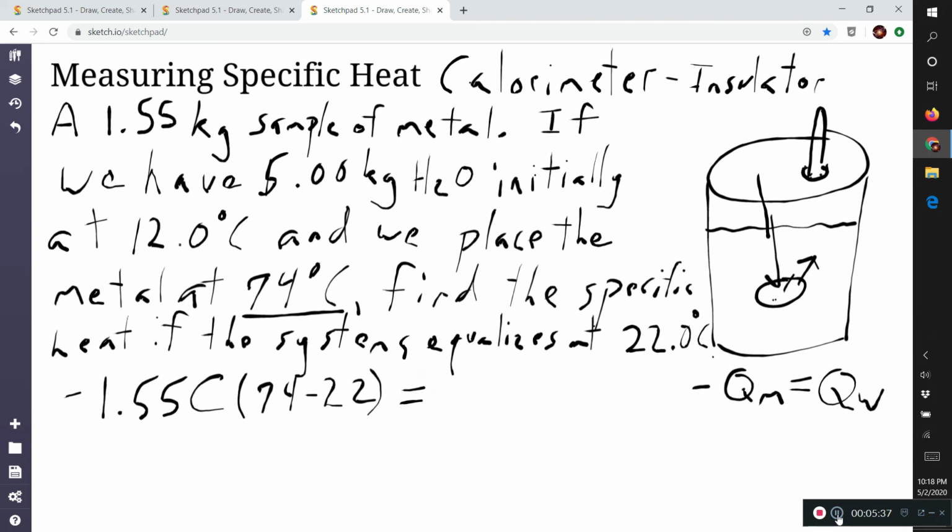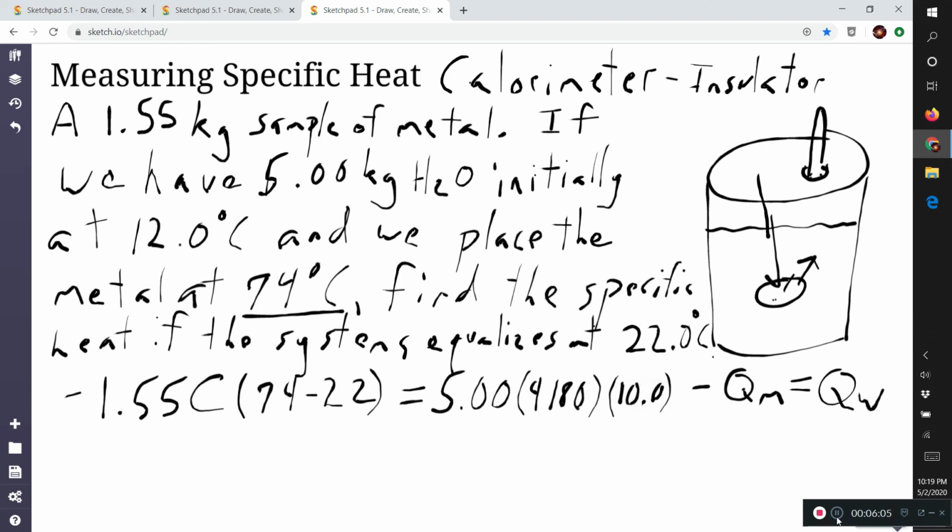So we've got to keep that in mind. That is going to equal the amount of water, 5.00, times the specific heat of water, which we used last time, 4180. And the water is going to go from 12 to 22, so that's a delta of 10.0.